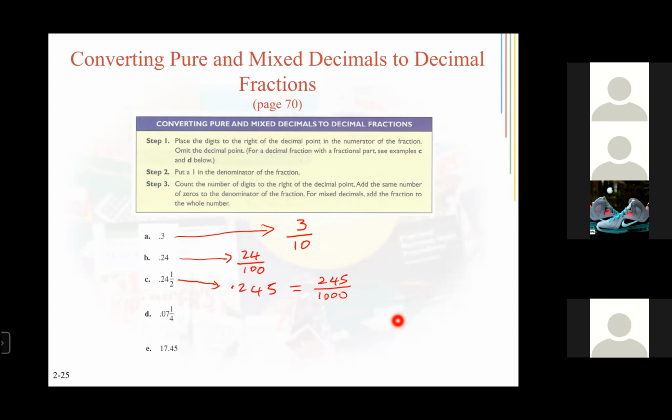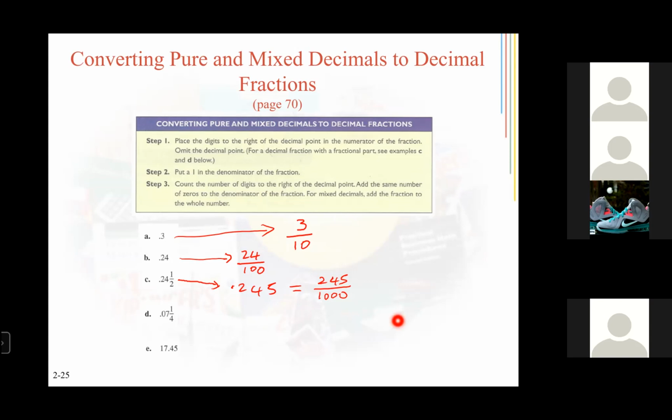This is the only book I've seen it in. So it's very unlikely that you're going to see this anywhere else. But since it's here, I just want you to understand how to represent it as a straight decimal. Okay?